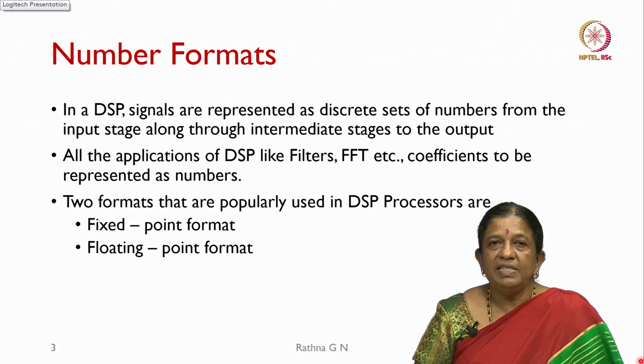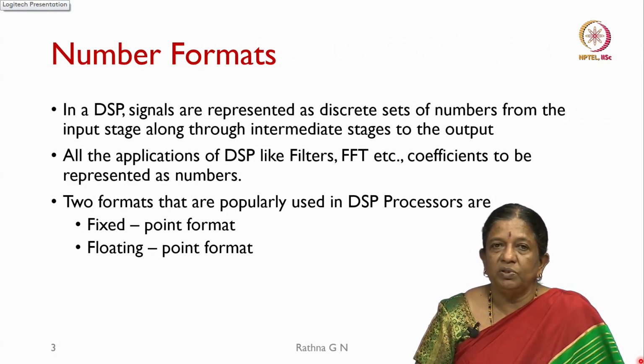So, first we will see what are the number formats available. We know in DSP, signals are represented as discrete sets of numbers from the input stage through intermediate stages to the output. So, all the stages have to be in the discrete format, and all the applications of DSP like filters, FFT, coefficients have to be represented also as numbers.